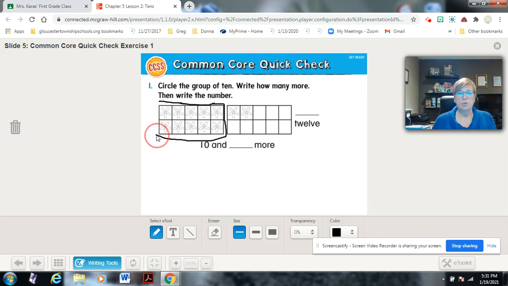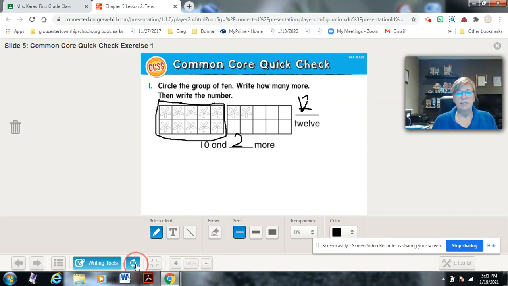So we're going to circle that. And how many more? 1, 2. So it's 10 and 2 more. So what's the number? Well, 12, but let's see. 10 is in my head. 11, 12, and that is the number 12. Whoops. And another not so great job by me printing.